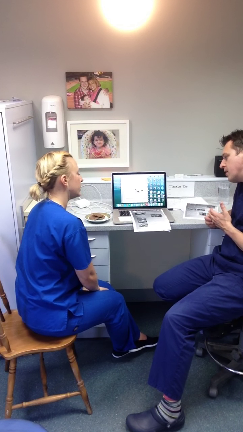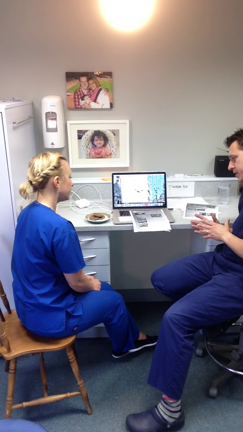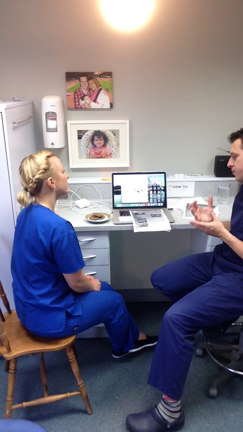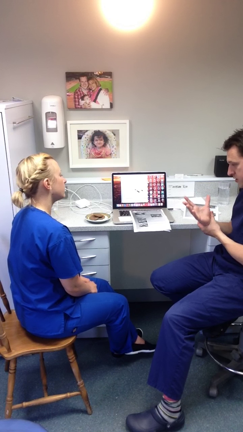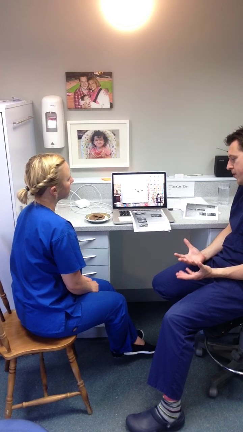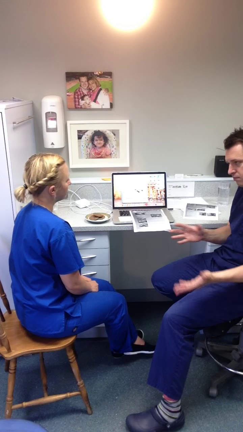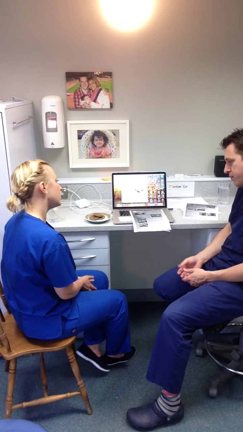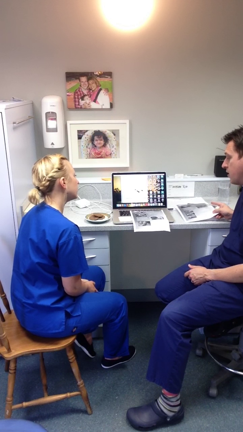Yeah. So when the clean, dirty boxes come from the clinical area into the decontamination room, wash your hands, and don your PPE, so you put your apron on first, put your mask on, visor, gloves, and then your heavy duty gloves over the top. So then you've got your PPE ready, you go and clean them, make sure that all the GIC or blood or whatever's on the instruments is removed, and then you need to lubricate your handpieces before you sterilise them.